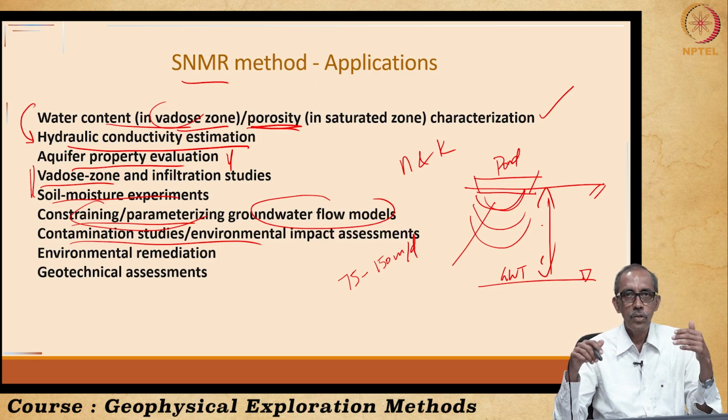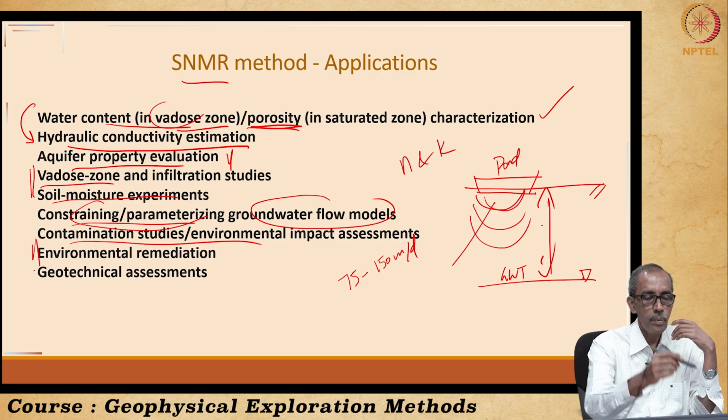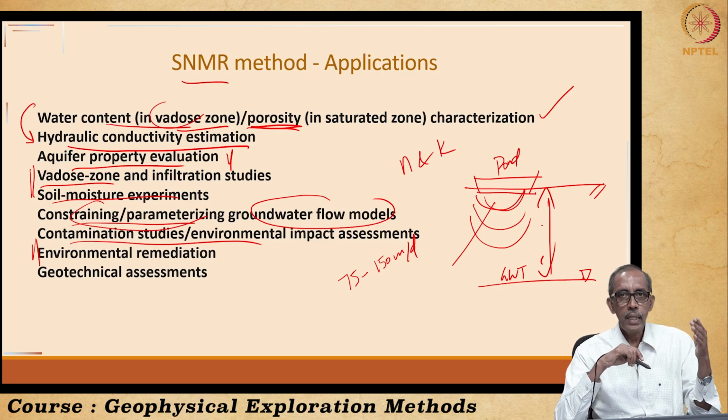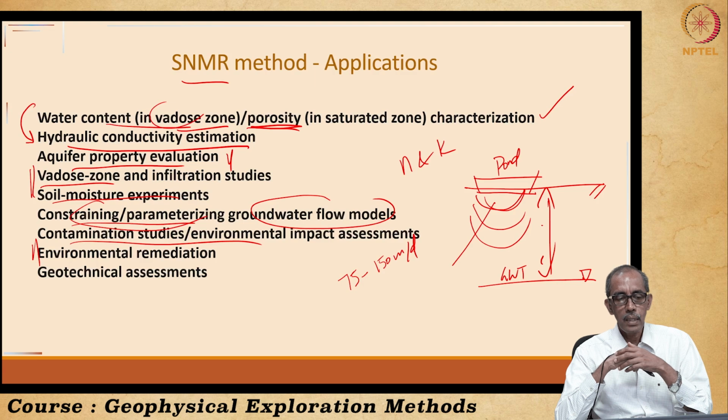And in such zones, if we are going in for remediation, right, how effectively we are remediating the region can also be assessed. That is, environmental remediation can also be assisted by repeated SNMR measurements.